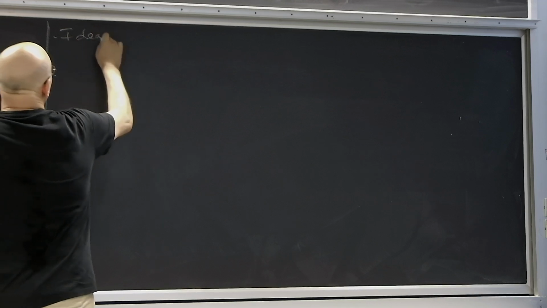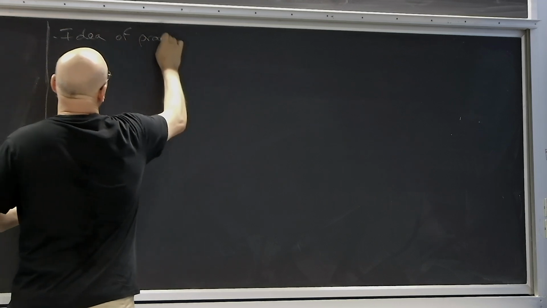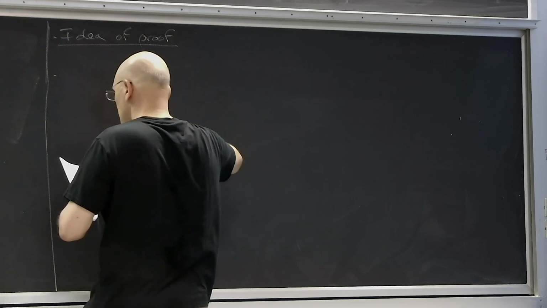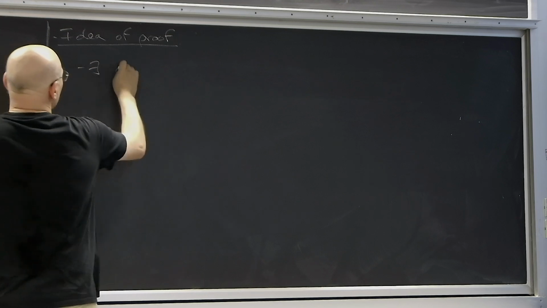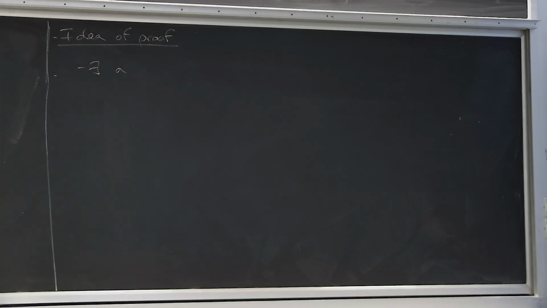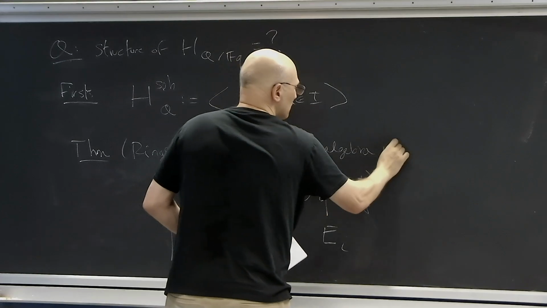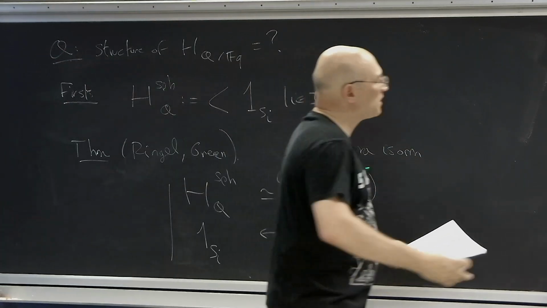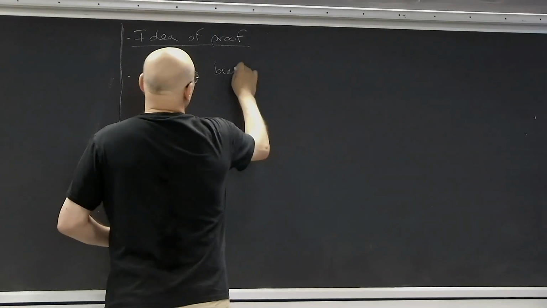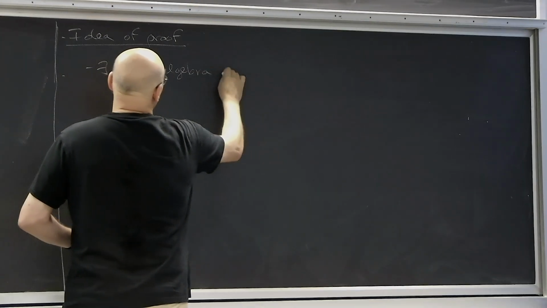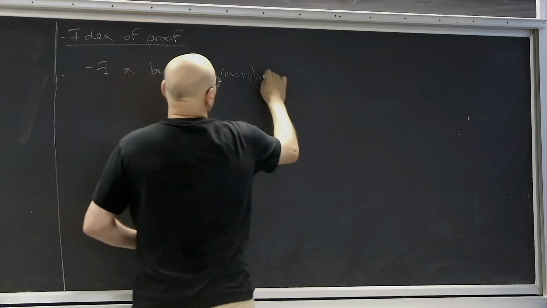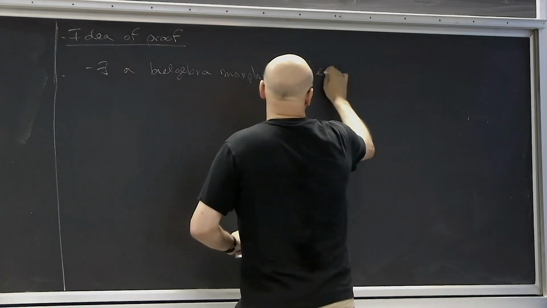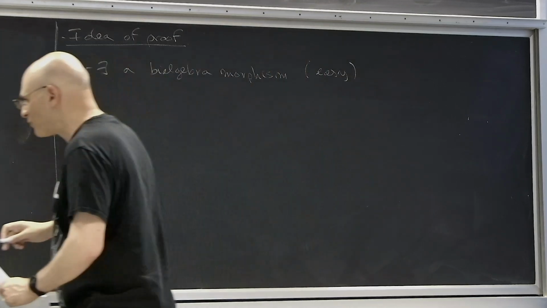So let me give a quick idea of the proof. First of all, this is a bi-algebra isomorphism. So there exists a bi-algebra morphism. This is easy, and the morphism goes like that.